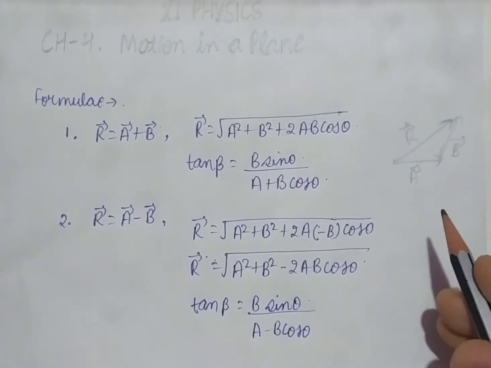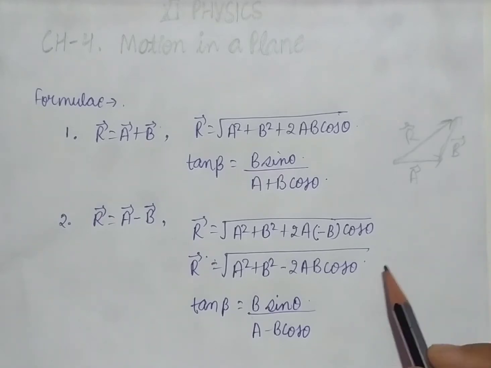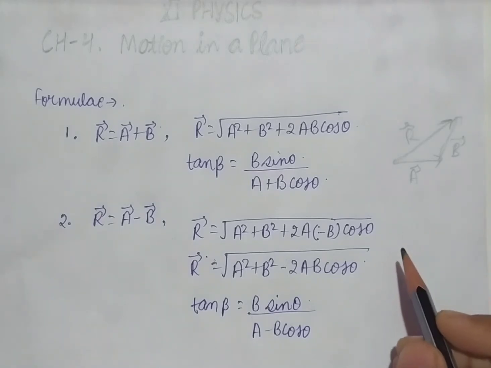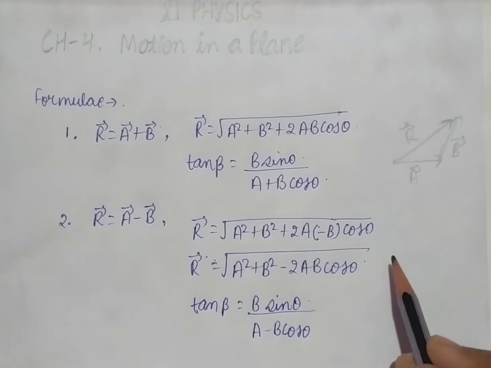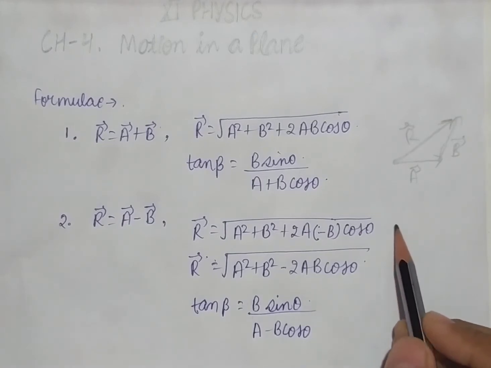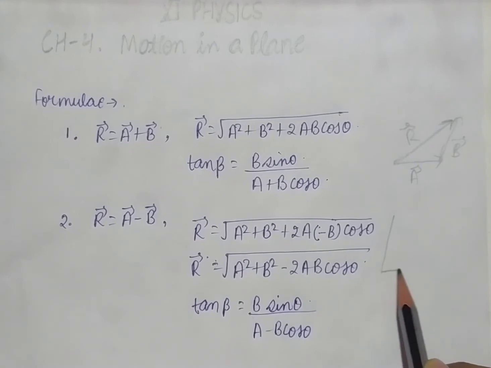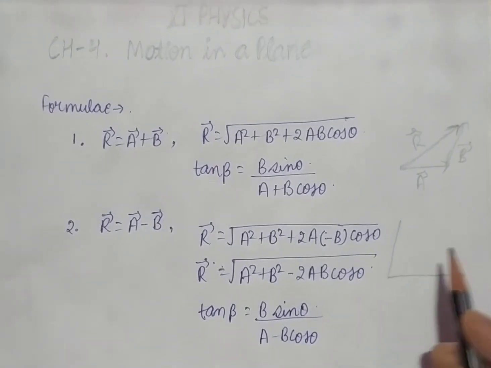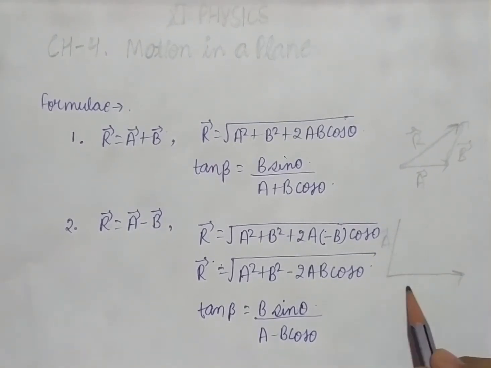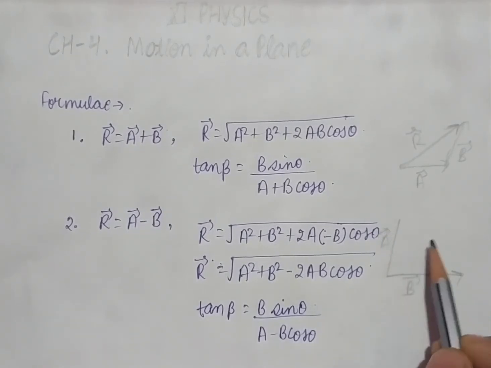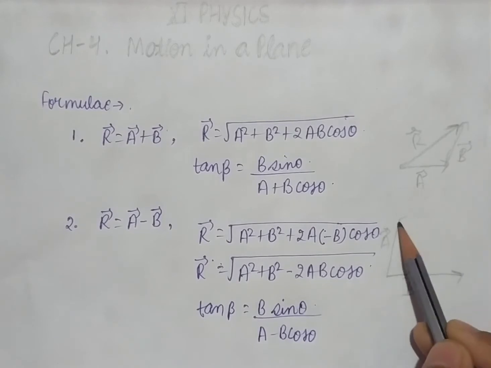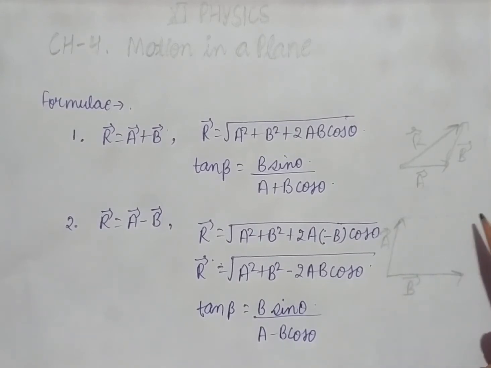But what does the parallelogram law of vector addition say? That if two vectors are represented as the adjacent sides of a parallelogram, see, this is vector a and this is vector b. These are the two adjacent sides of the parallelogram. Let us see the complete parallelogram. It will be like this.